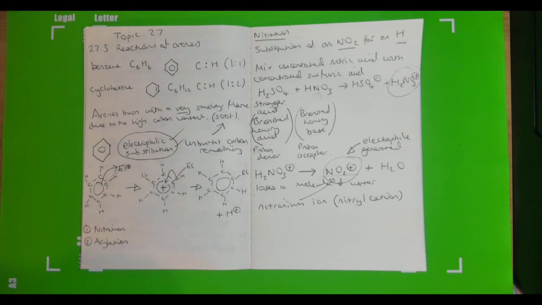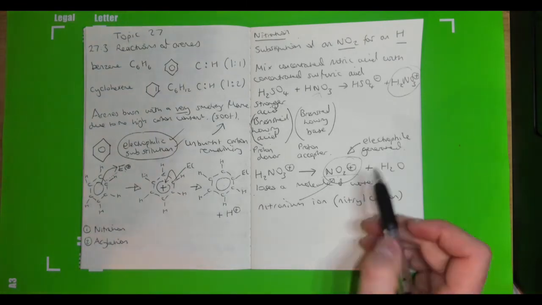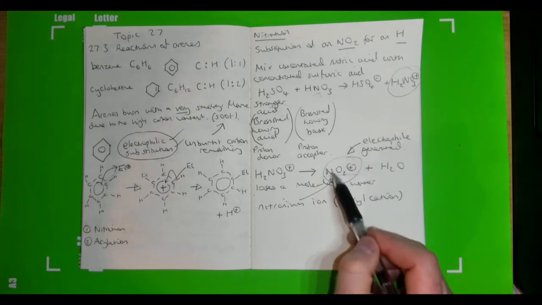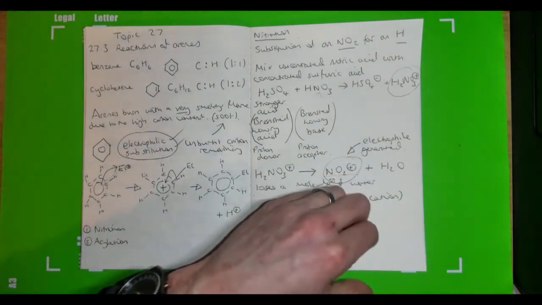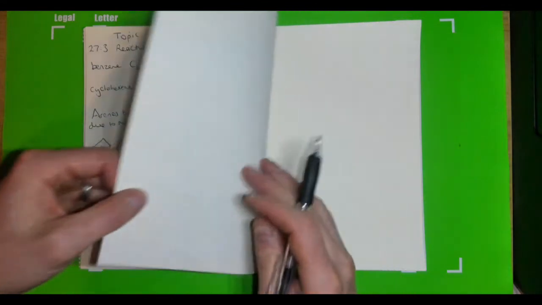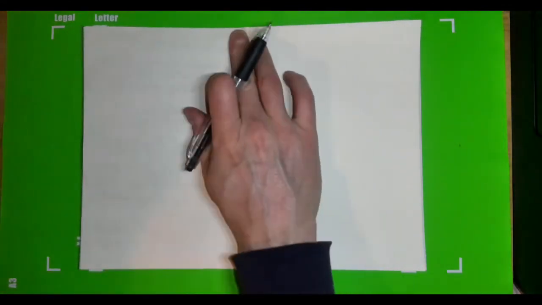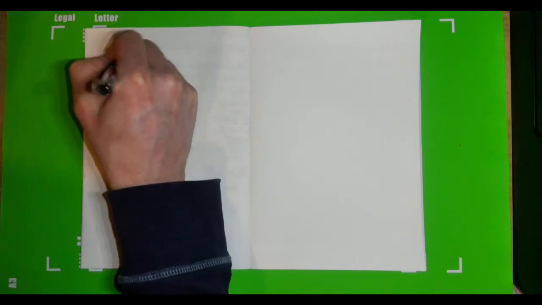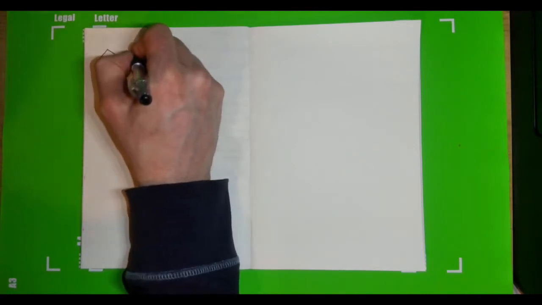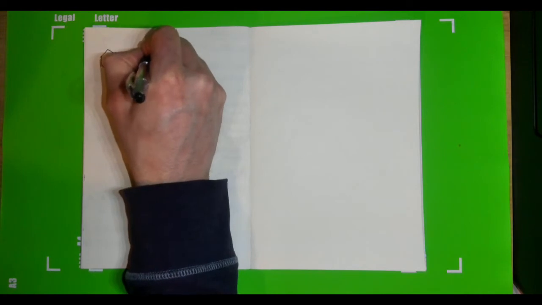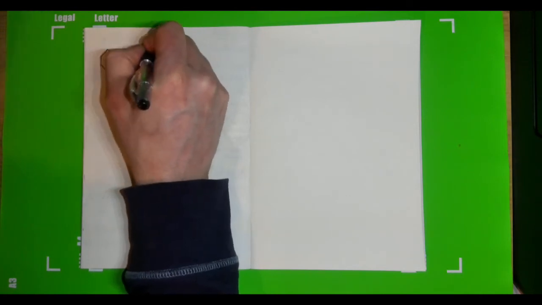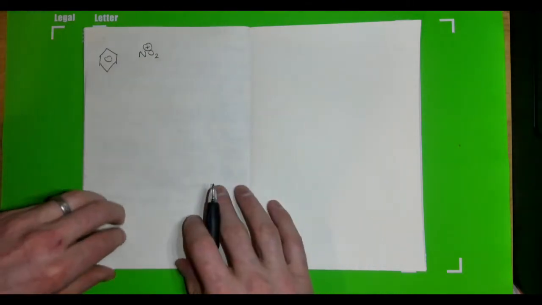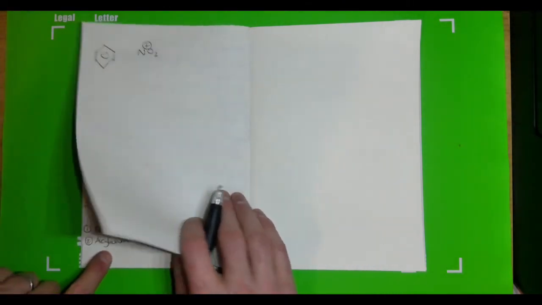Okay, so what we're going to do now is take this very reactive nitronium ion and react it with our benzene ring. Let's have a look at our generic mechanism before we do that.